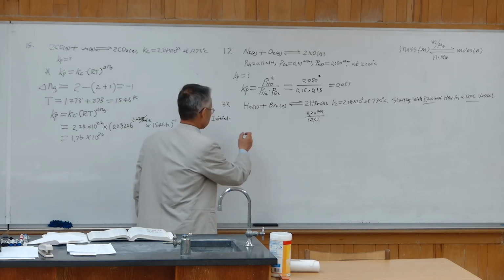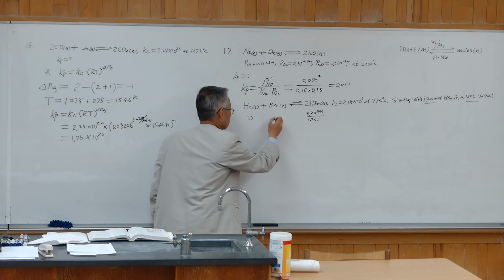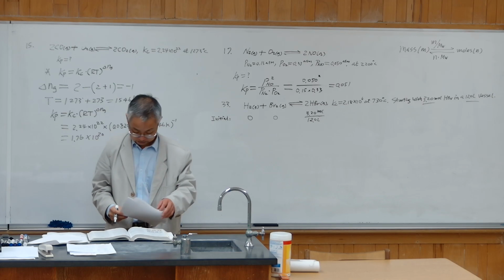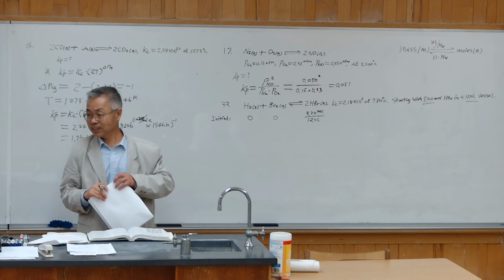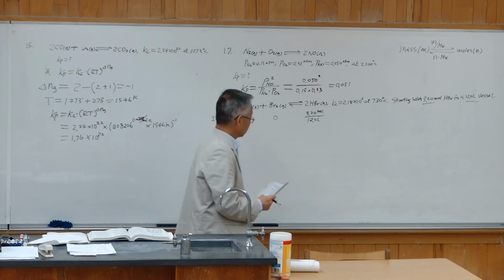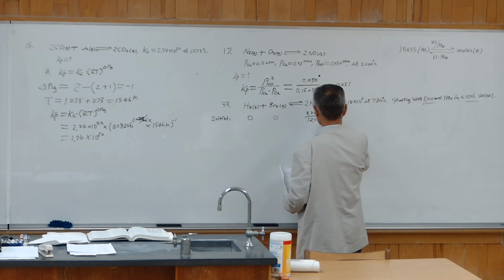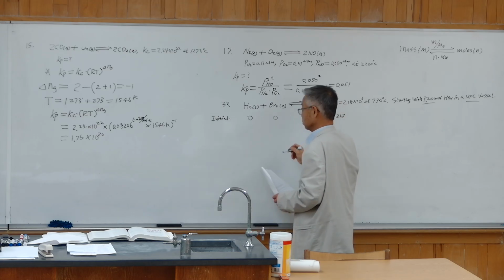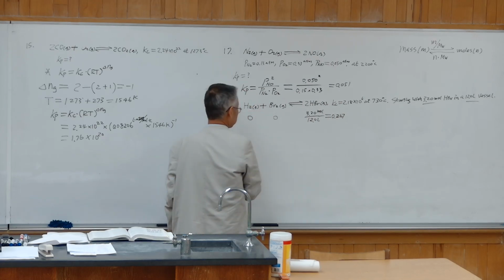This means no H2, no Br2 there. So use a calculator, 3.2 divided by 12 is 0.267. Initially only HBr is there, no H2, no Br2.